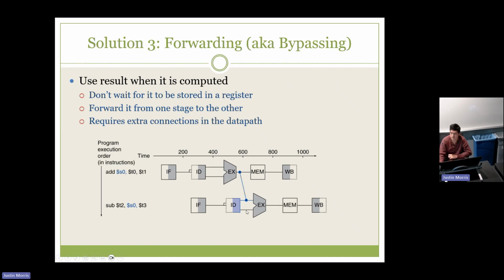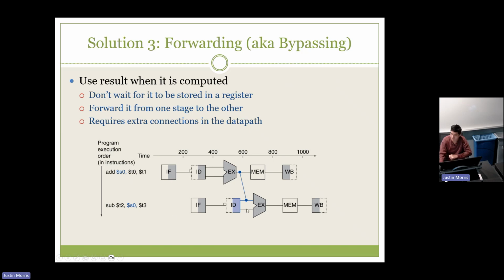Do we still need to expand the mux for the second operand? I would think so, because if it's the other register, you still need to be able to choose between that register or the ALU. So in this case, no, because in this case, our dependency is on that first operand. But there's nothing to stop it from being on the second operand, like you're saying.